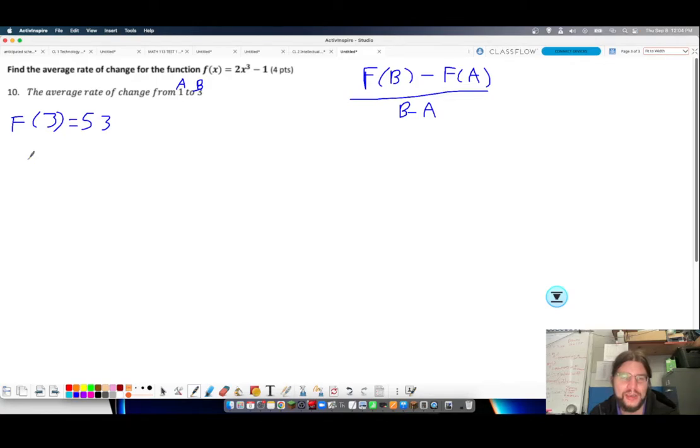If you can't plug in a number, you should just take the W. F of 1 is 1. So the average rate of change would be 53 minus 1 over 3 minus 1, which is 52 over 2, which is 26.